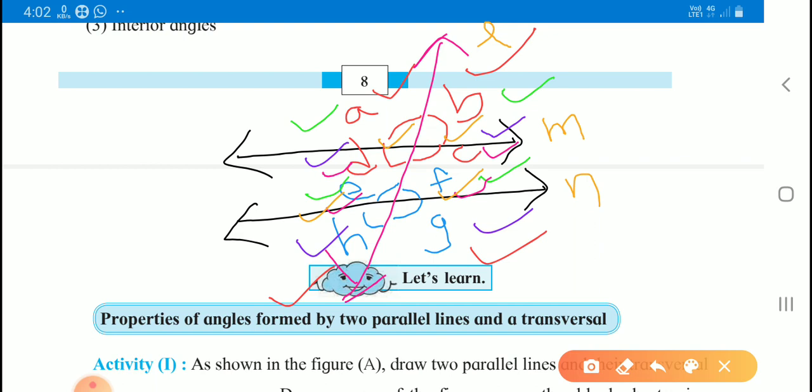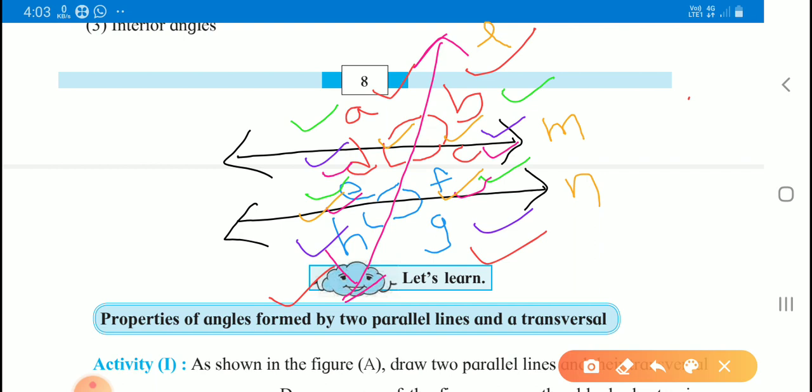Again I will repeat. Here the corresponding angle pairs are A, E, B and F, then D, H, C, G. Interior angle pairs are D, E, C, F, and alternate angle pairs are angle D, F, angle C and angle E, as well as exterior alternate angles are angle A, angle G, angle B, angle H.